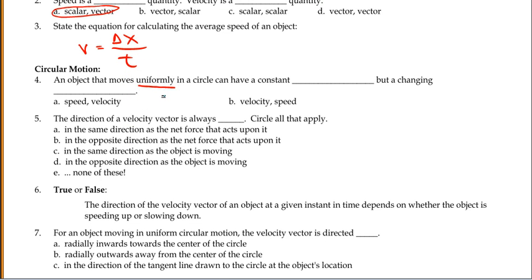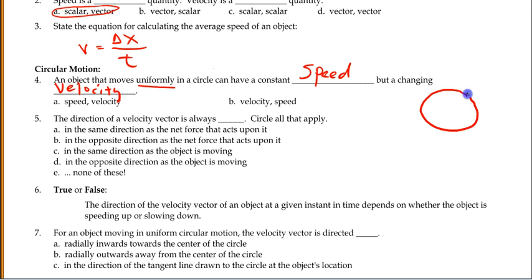If it moves uniformly in a circle, it can have constant speed, in that it's not getting faster or slower. The numerical part is not changing. But at the same time, it could have a changing velocity because as it moves round and round the circle, its direction is changing.